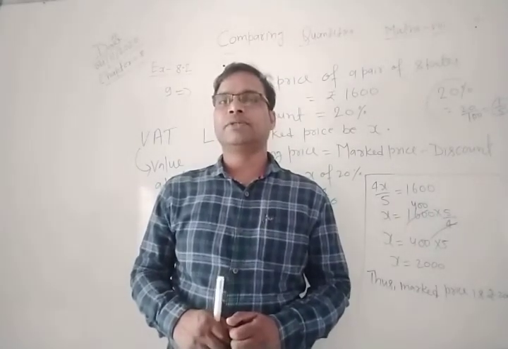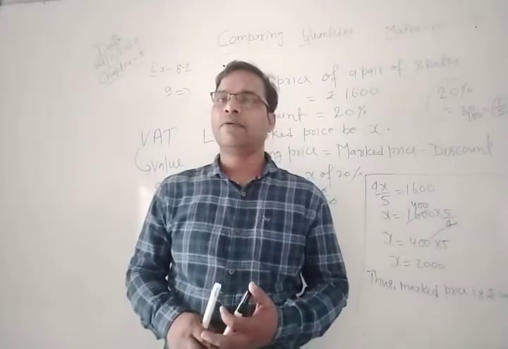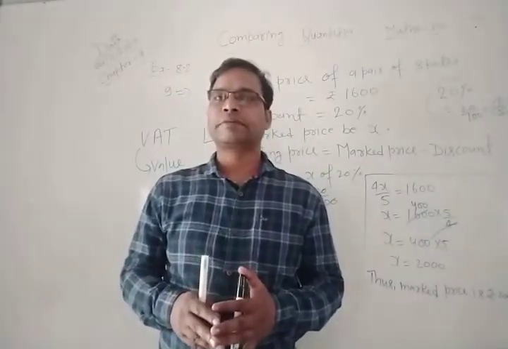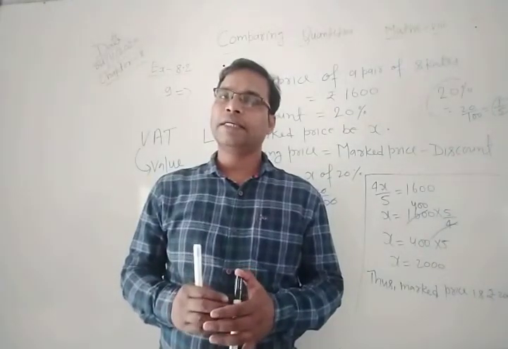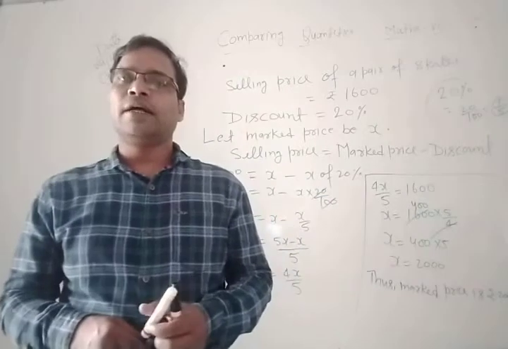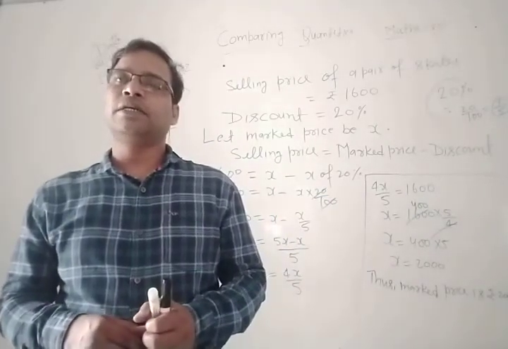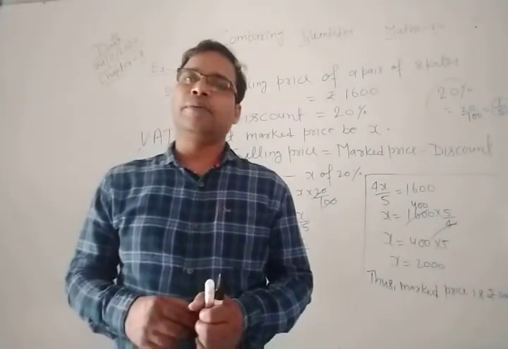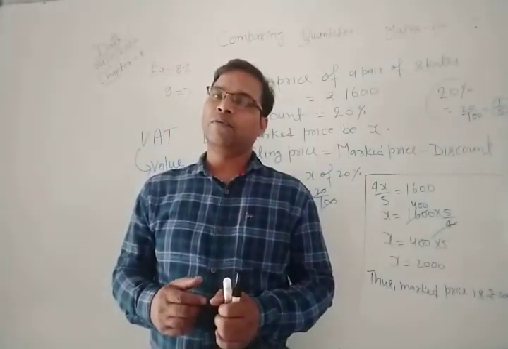Okay, so let's see how to find it. We know very well, we find the VAT on a selling price. Clear? So how to find? First we let the price of a hair dryer before VAT be x.